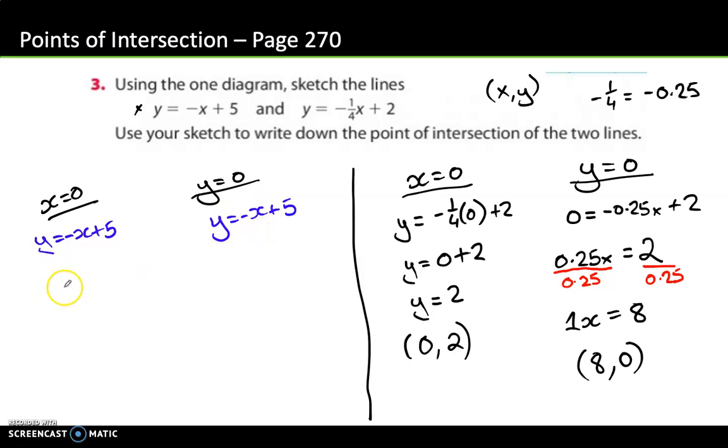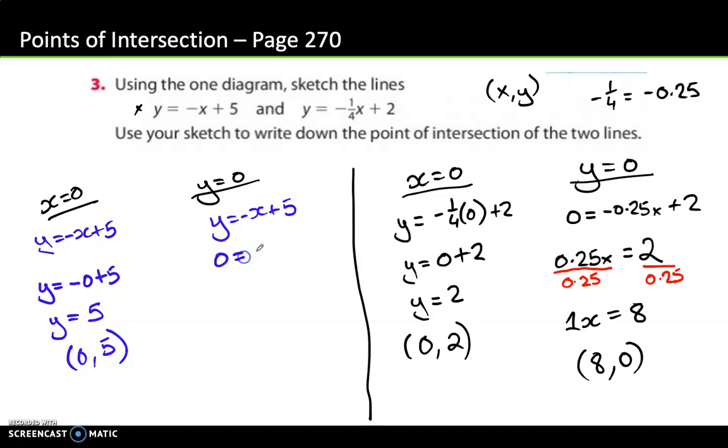Okay, so we're letting x equals 0. So we're going to have y equals -0 plus 5. Now, it doesn't matter if my 0 is positive or negative, it's still a 0. So y is just equal to 5. So my point here is the x first, which is 0, then the y, which is 5. And now we'll do the same here. We're letting y equal 0.